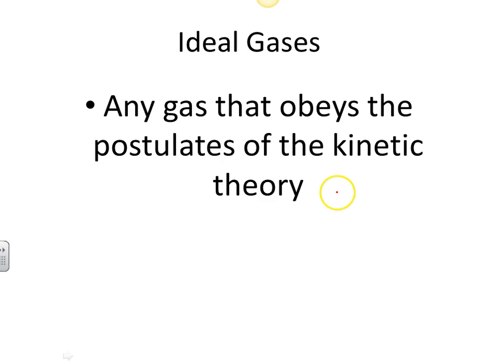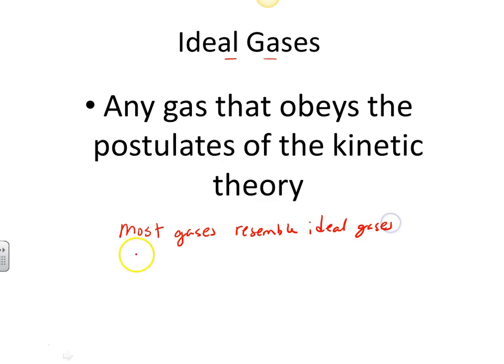So any gas that obeys all the postulates of the kinetic theory is known as an ideal gas. And most gases resemble ideal gases within certain temperature ranges and pressure ranges.